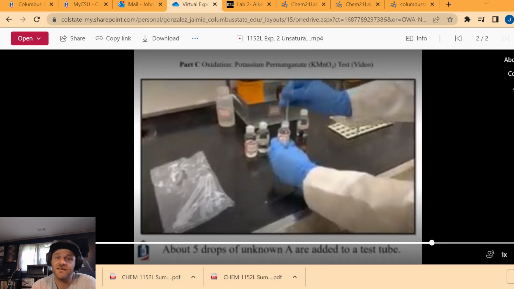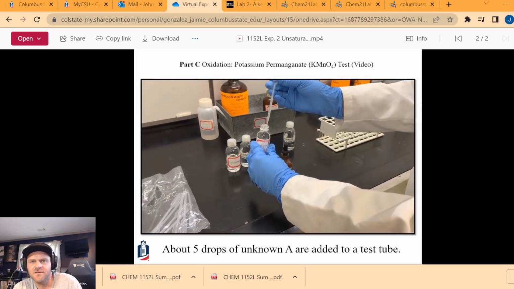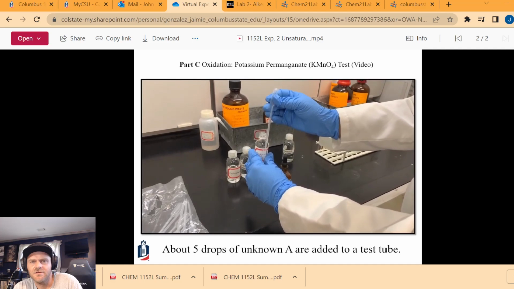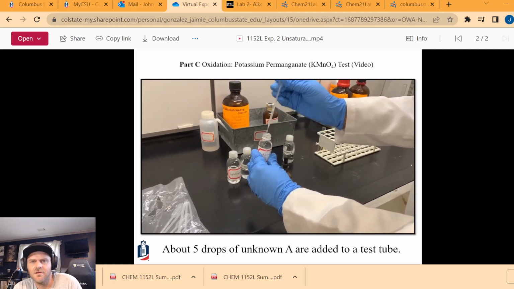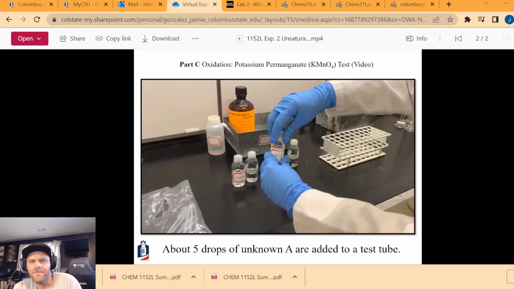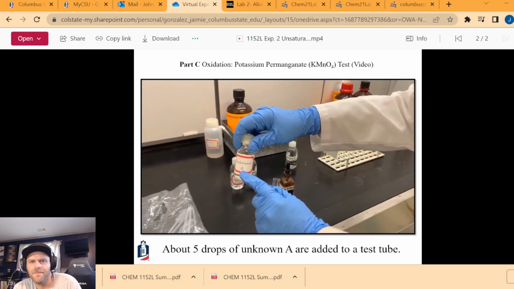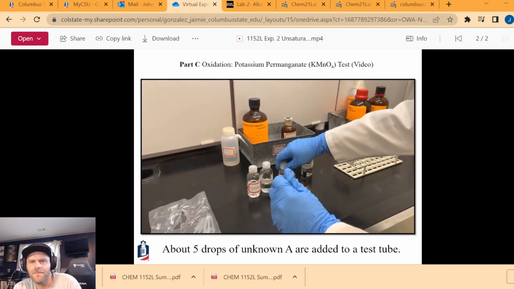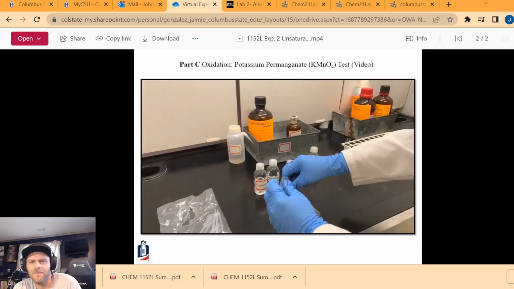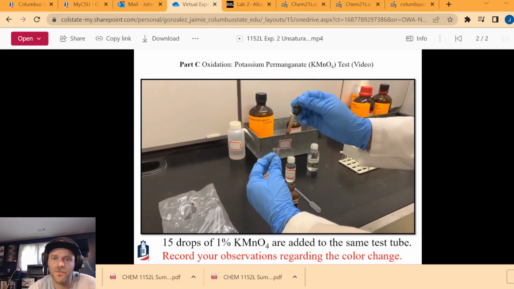And this is unknown A, so this is the only one we're really concerned about. And once again, 15 drops of permanganate.